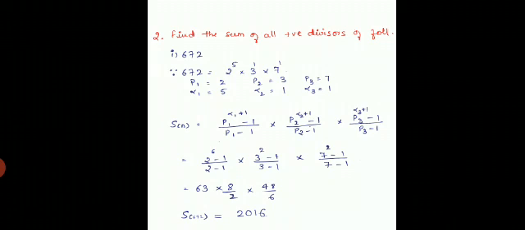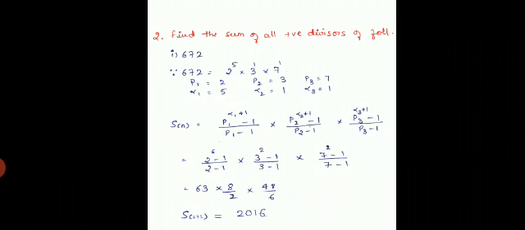Substitute the values. You get 2 to the power 6 minus 1 upon 2 minus 1, into 3 raised to 2 minus 1 upon 3 minus 1, into 7 raised to 2 minus 1 upon 7 minus 1.